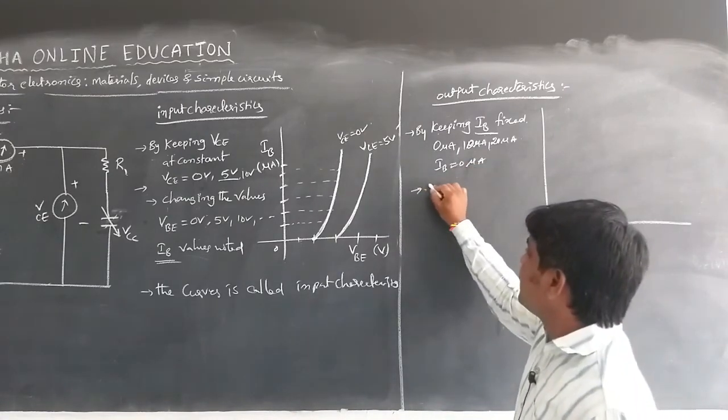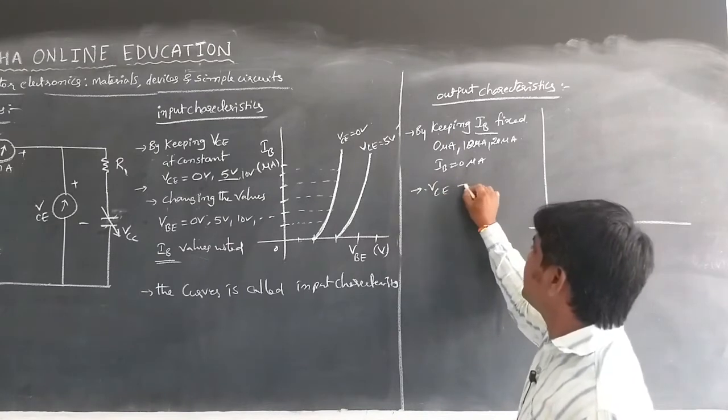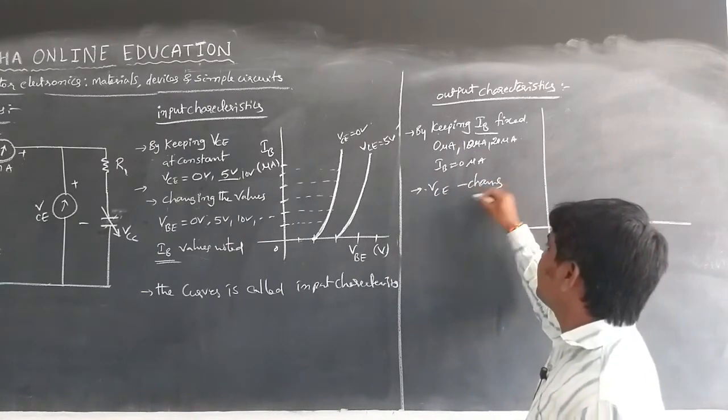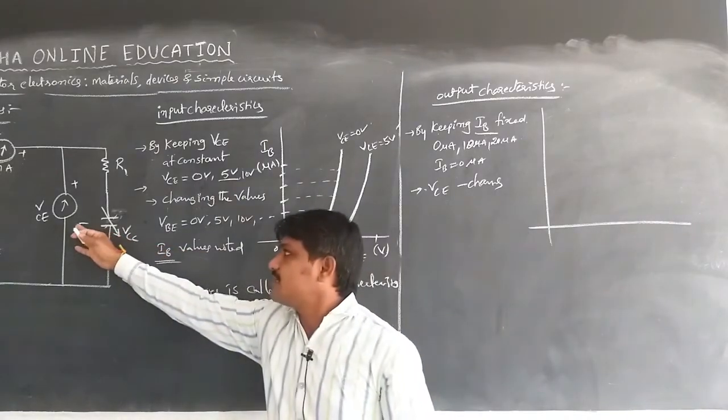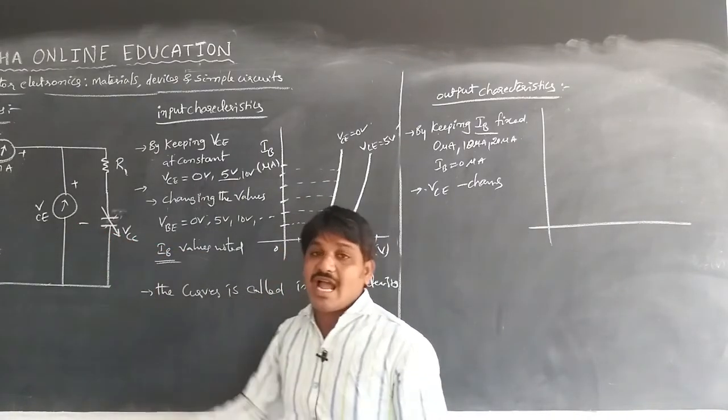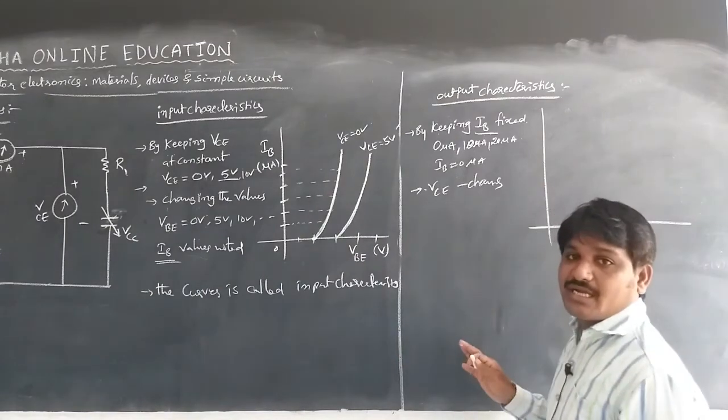Then the VCE values change in the circuit, and the collector current can be noted.